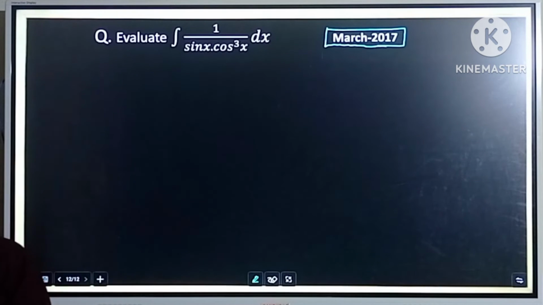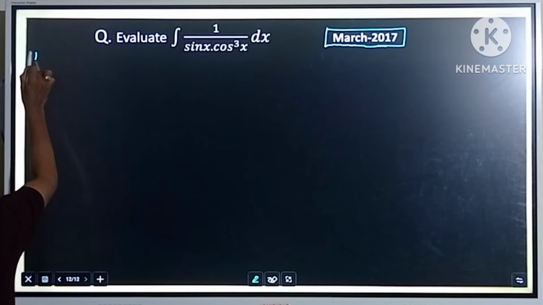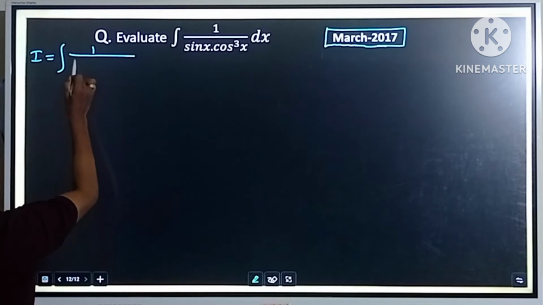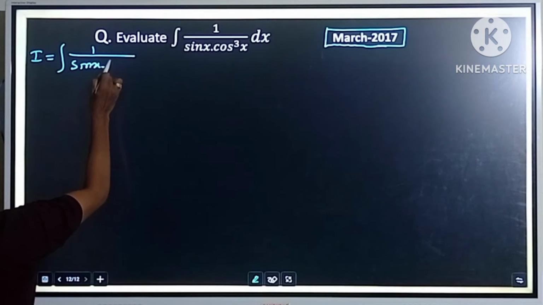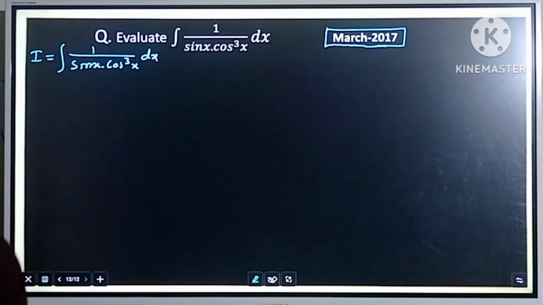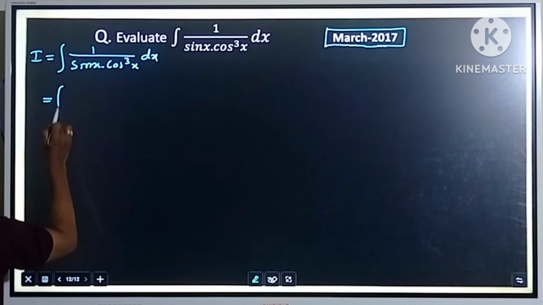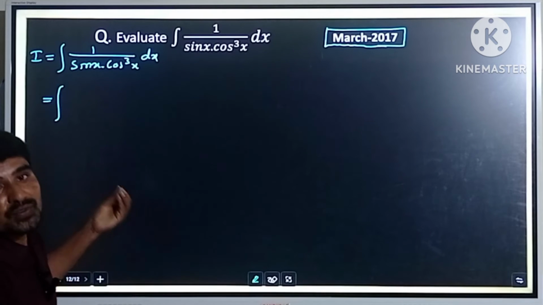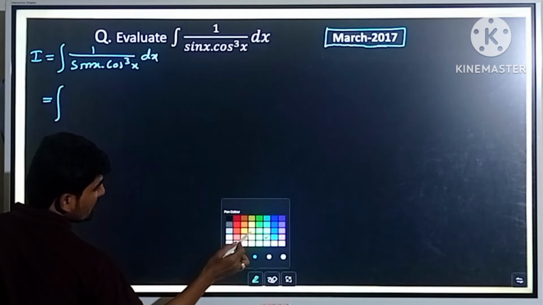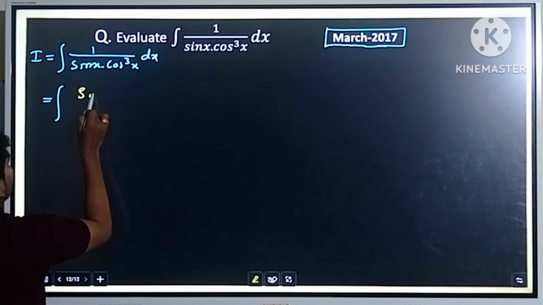So to evaluate this, let's say this is equals to I. What is I? Integration of 1 divided by sin x into cos cube x dx. Again, same thing as we used the technique in the previous question. Same thing, 1 replaced by what? Sin square x plus cos square x.